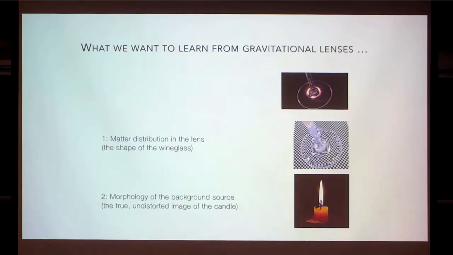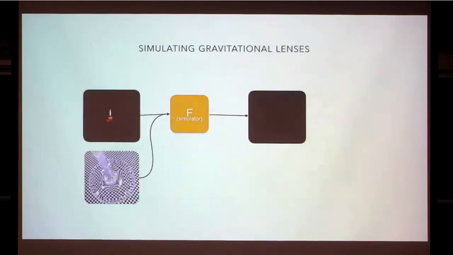To see that these two completely define a system, just think about simulating a lens. If you gave me an image of a candle and a wine glass and said, produce a lensed image of this thing, I'm going to get the wine glass first and do a ray tracing simulation. I'm just going to calculate at every point how a ray of light is going to get distorted.